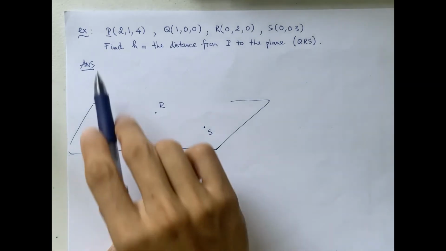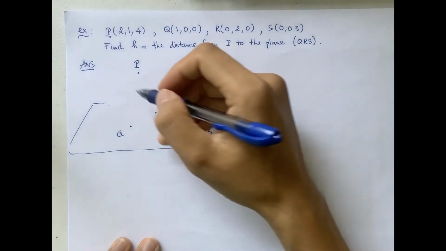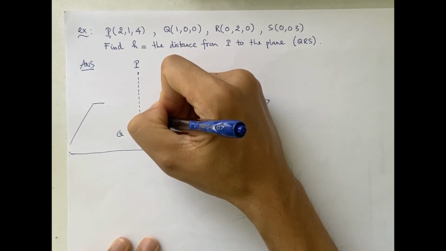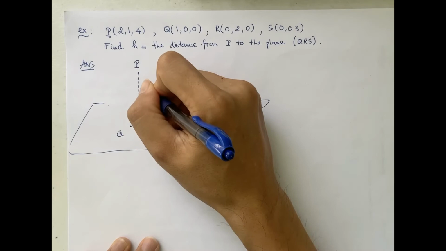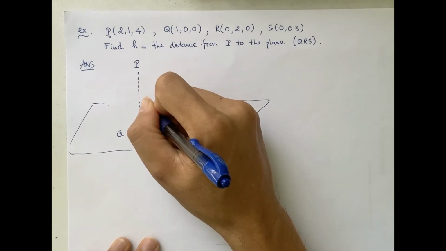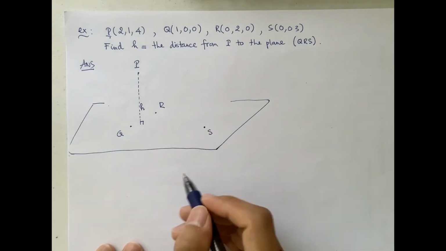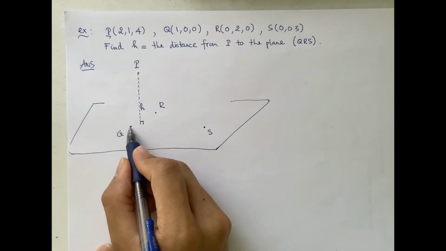Now you have another point P, and you are asked to find the distance from P to the plane that contains Q, R, and S. And this is denoted as H. Now the trick to do this is that you first connect Q and S, Q and R, Q and P to create 3 vectors.